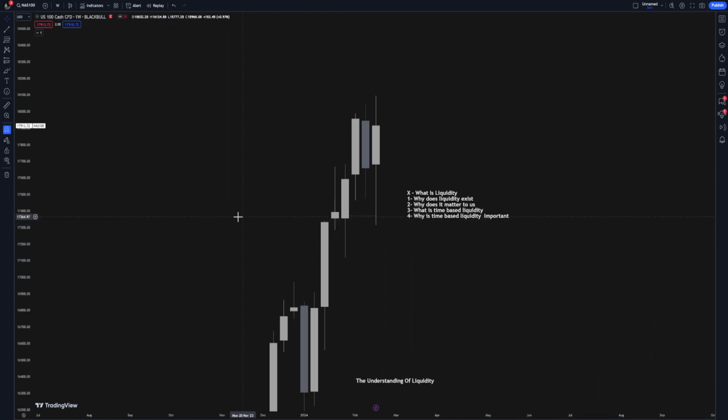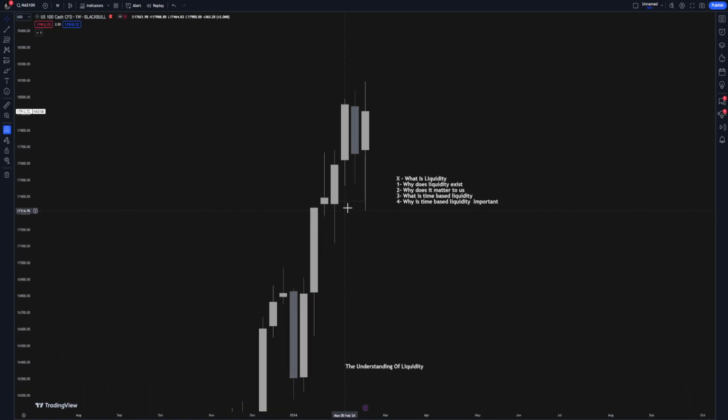Let's say the lowest price that Bitcoin was traded at last week was $17, just a random example. This week it's at $16. Isn't that discounted? That sounds discounted, which is why time-based liquidity matters. Big players want to buy when price is discounted and sell where it's at a premium, where it's expensive.